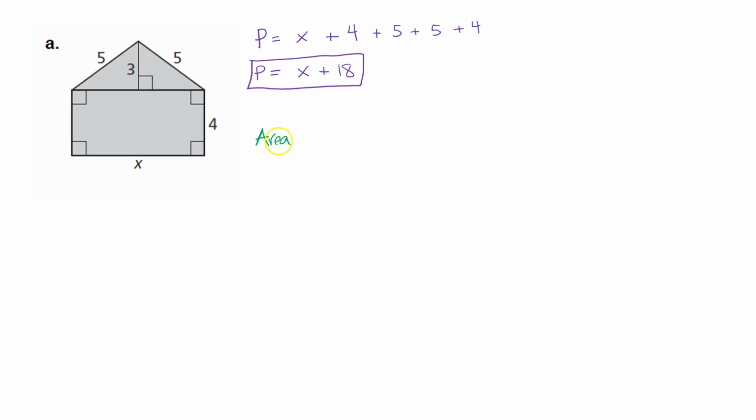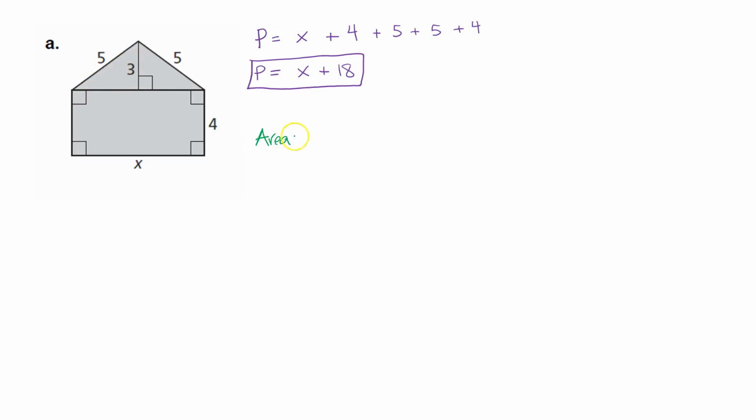Now for finding the area, we need to think about this kind of house-shaped figure as being made up of smaller figures that we can find the area of, because we don't have a formula for the area of the side of a house. But we do have formulas for area of a rectangle and area of a triangle.